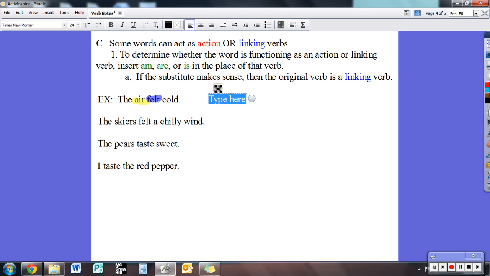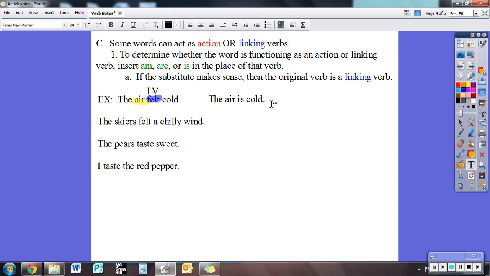So I'm going to use one of the substitutes. The air is cold. Does that sentence still make sense? Yes, it does. So that tells me that this time felt is being used as a linking verb. So I'm going to label it LV.